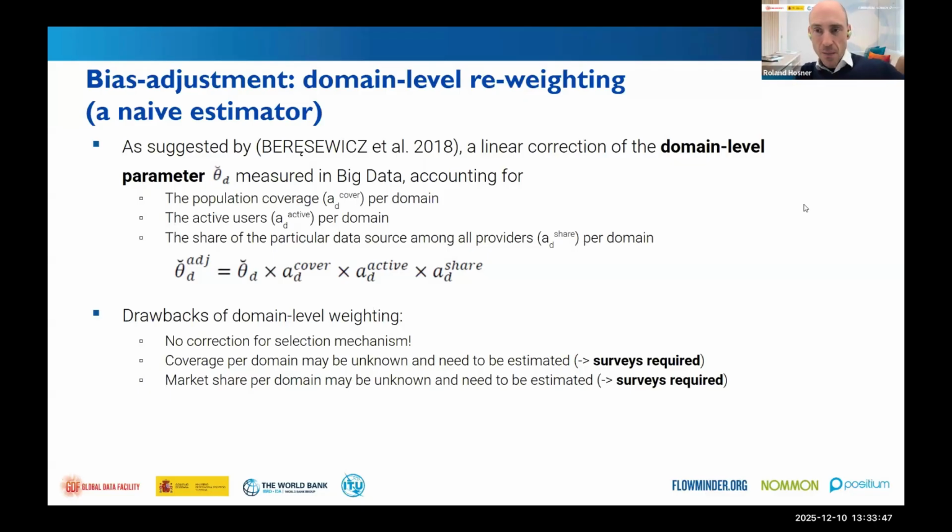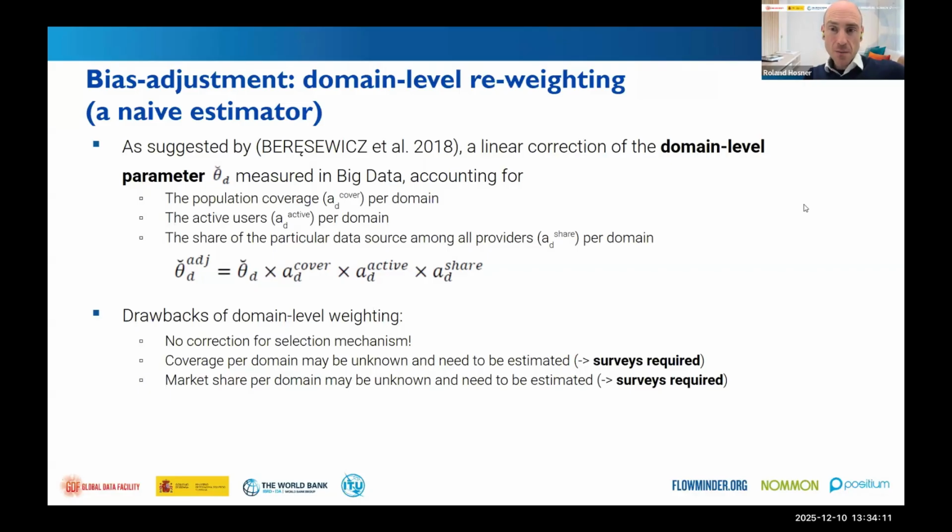Here, this could be the MNO market share, or the market share of a single MNO, if this is what you're using. So by literally multiplying the CDR-derived indicator theta d by these factors, you will arrive at an adjusted estimate theta d.